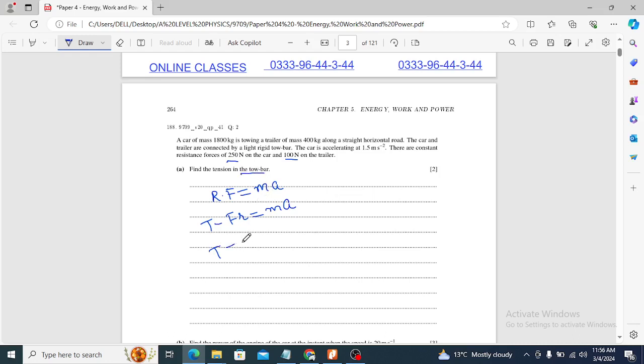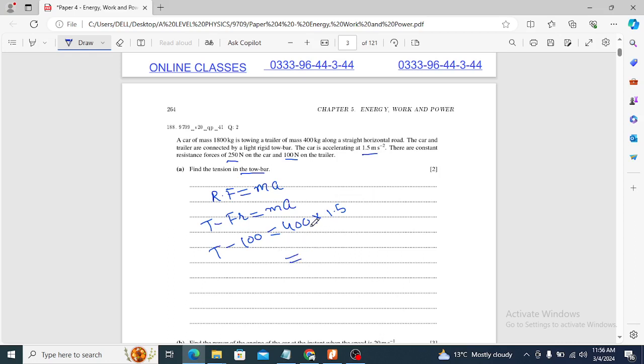Friction is 100 Newton and the mass is 400 kg, into the acceleration 1.5 meter per second square.